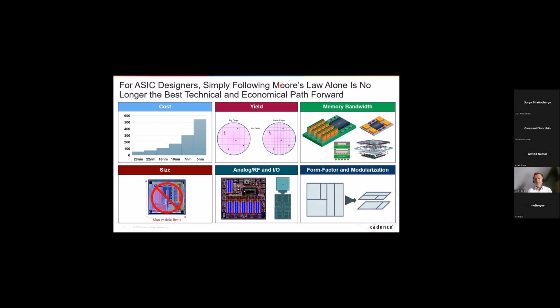And form factor is the last motivation. The different blocks on a larger chip may be too far away, so it may be better to have them stacked in smaller form factors.